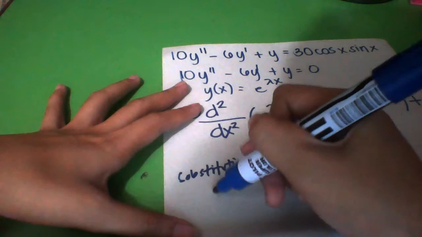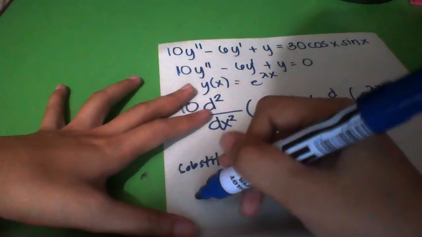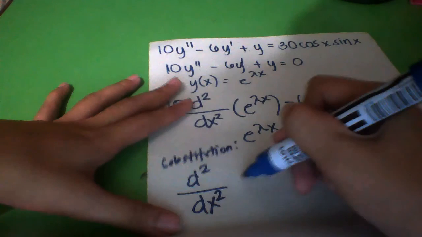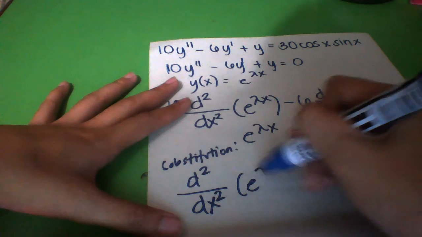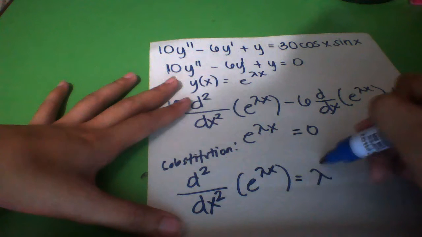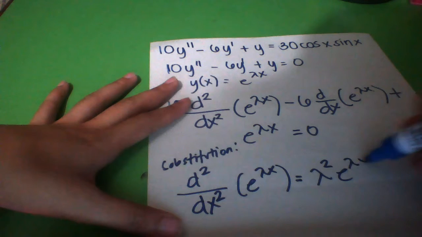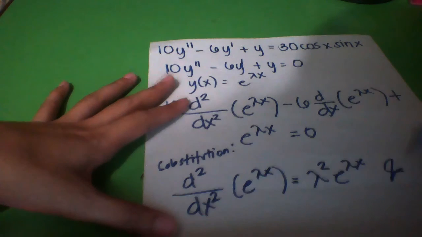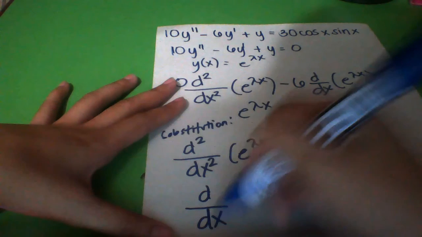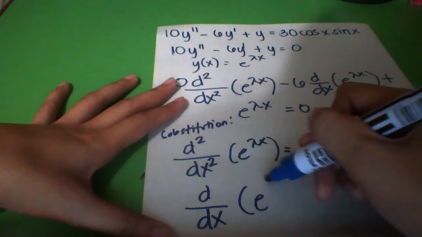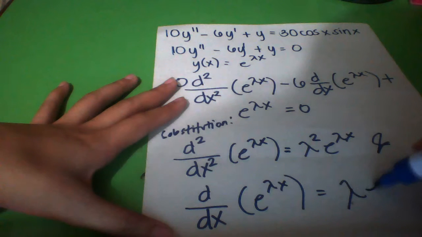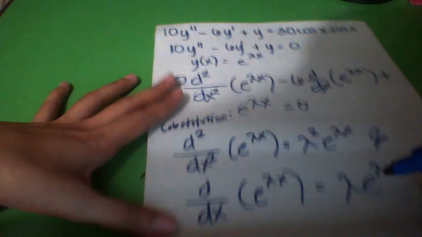d squared over dx squared times e to the lambda x is equal to lambda squared e to the lambda x, and d over dx times e to the lambda x is equal to lambda times e to the lambda x.